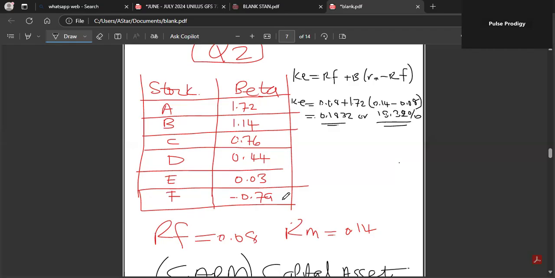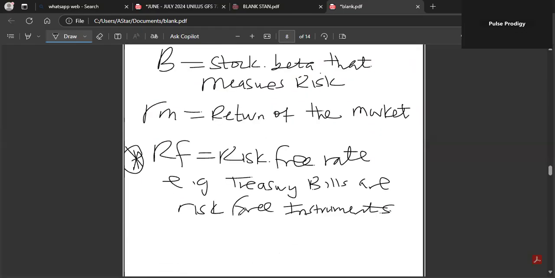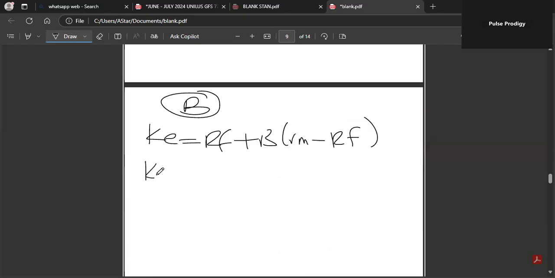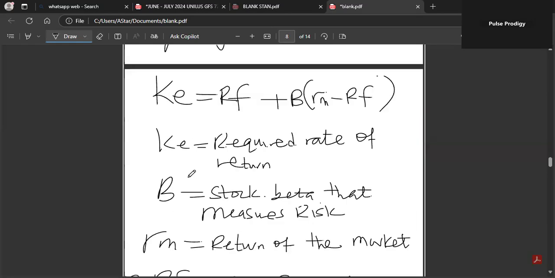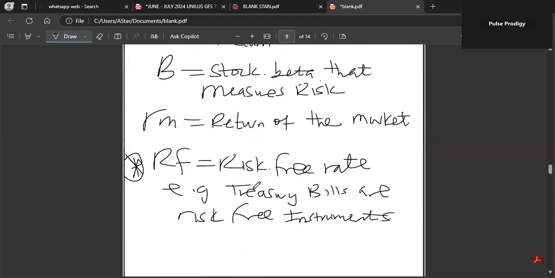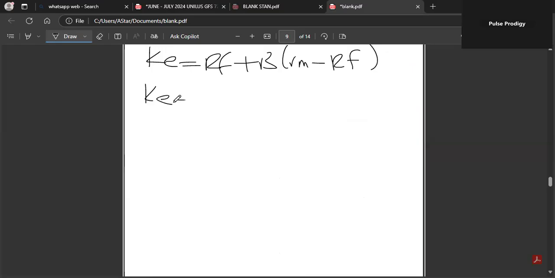Those are bonus marks when you get it. Beta is 1.14 for B. So when you come to B, KE is equal to risk-free plus beta, return of the market minus risk-free. Our risk-free rate of interest is 0.08, and the return on the market is 0.14. The beta for this one is 1.14.